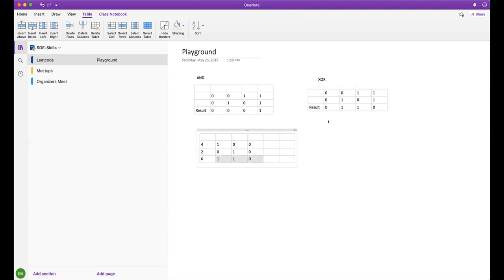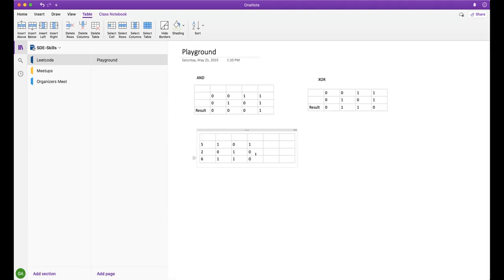Because 1 and 0 is 1, 0 and 1 is 1, 0 and 0 is 0. So the XOR operator is giving us the desired result. It won't give us the desired result if, let's say, this is 5.